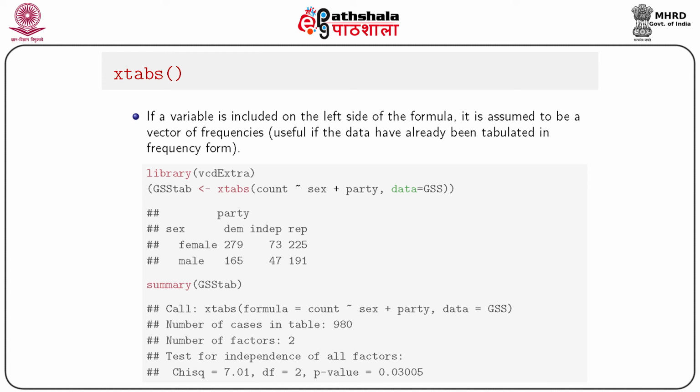That will give you sex as male and female, and party as dem, independent, and rep. So a 2x3 contingency table would be displayed here, and if you just pass GSStab within summary, it will give you the chi-square test of independence.